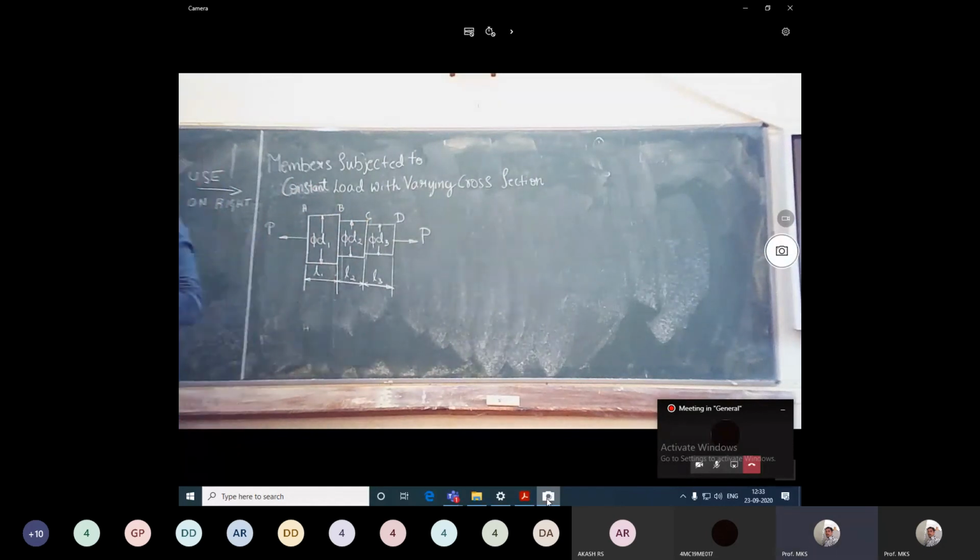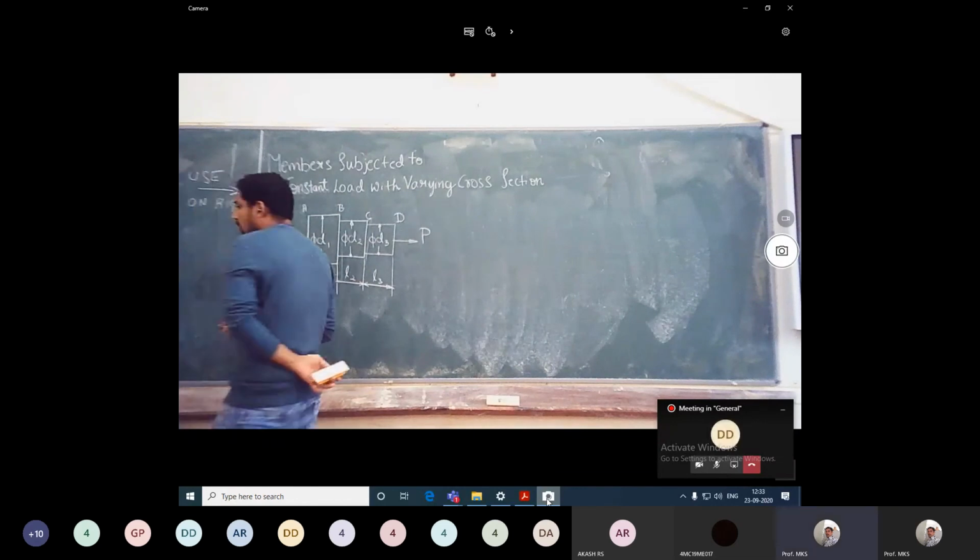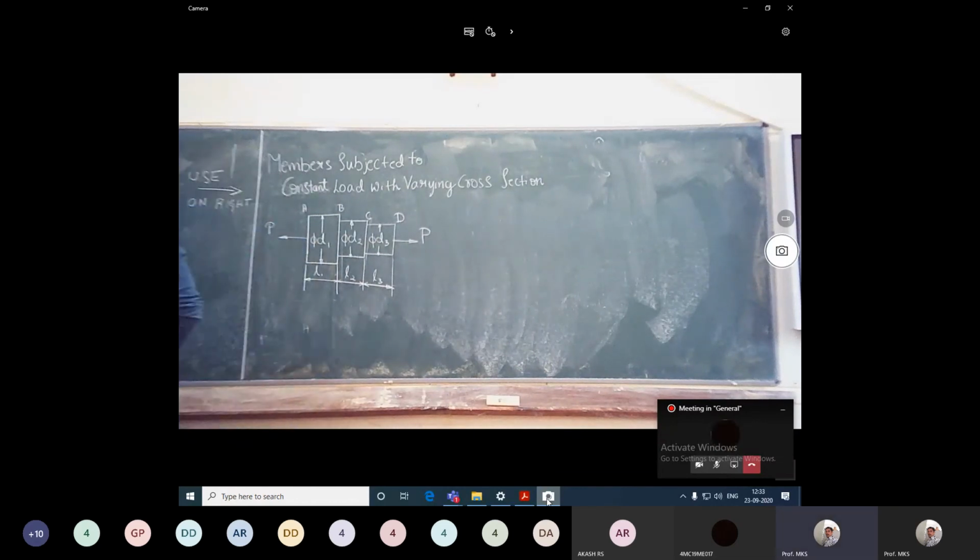So if this is the condition, how to solve the problem? Maybe I have uploaded the files in Teams, and added the textbook also. RK Bansal, you can refer to that, and many more additional problems.